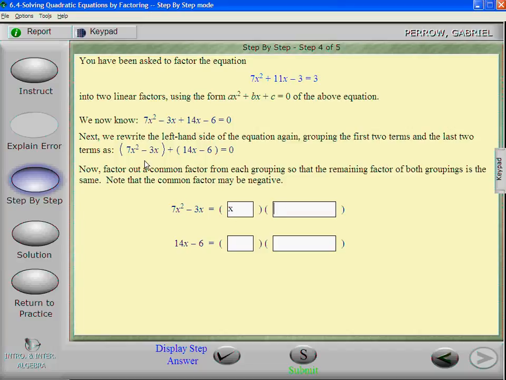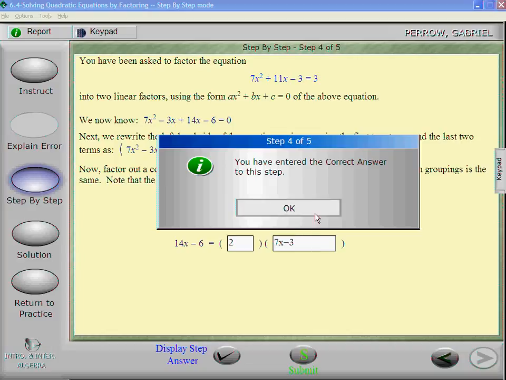And if I divide the x away, I'm left with 7x minus 3 left from the inside of dividing away from those guys. The second pair has the greatest common factor of 2, and I should get a match, because if I divide by 2, I get 7x take away 3 again.